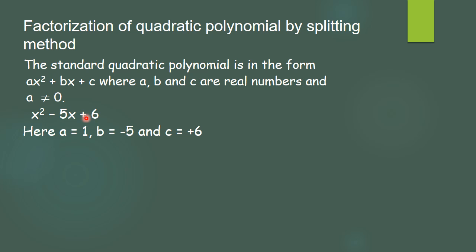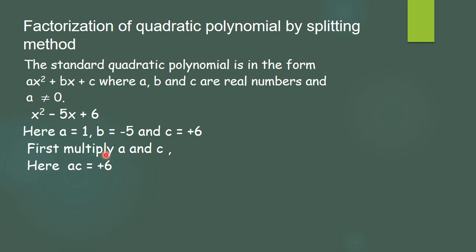Now the first rule is that we always multiply a and c. When we multiply, with the sign also, it is plus times plus, so it will be plus 6.